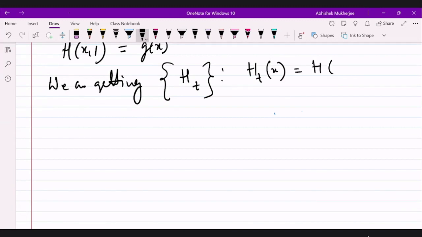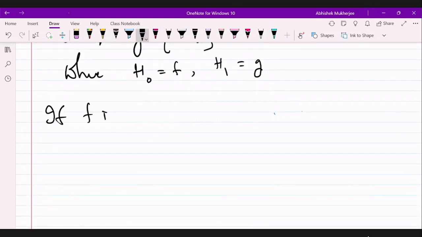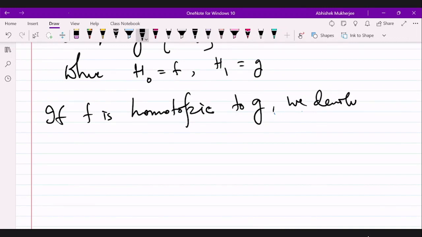So this is H(x,t), where at the 0th time it is F, and at the 1st time it is G. So F will be deformed continuously to G. So that is that. If F is homotopic to G, we denote it by F is equivalent to G. Okay, great.